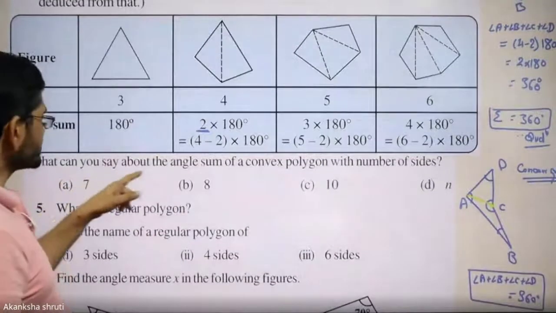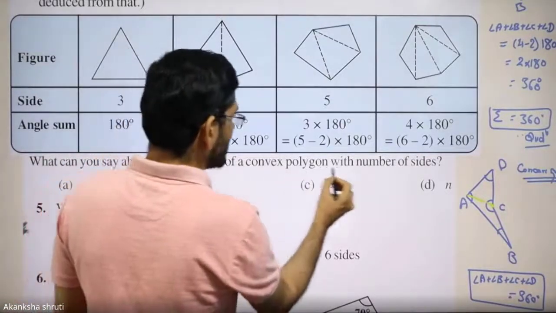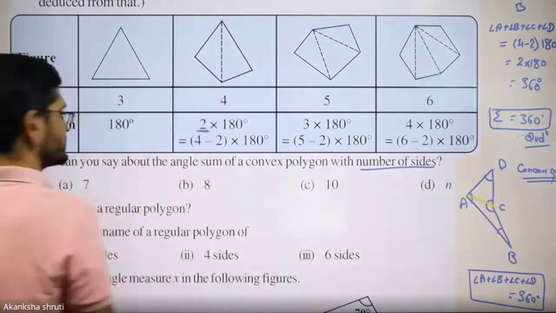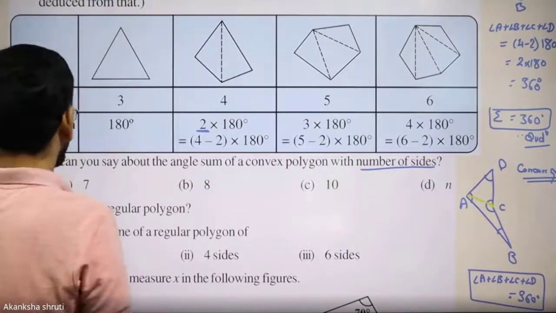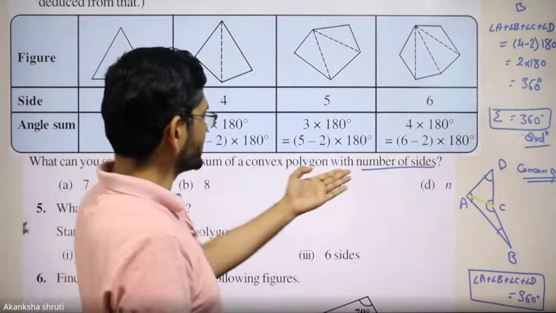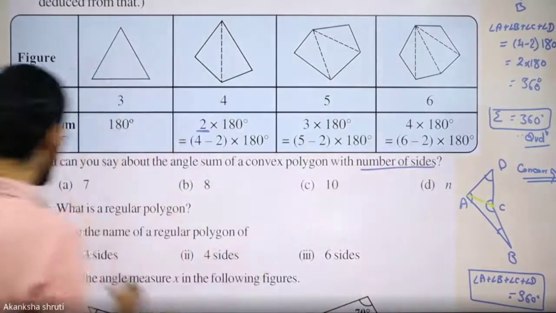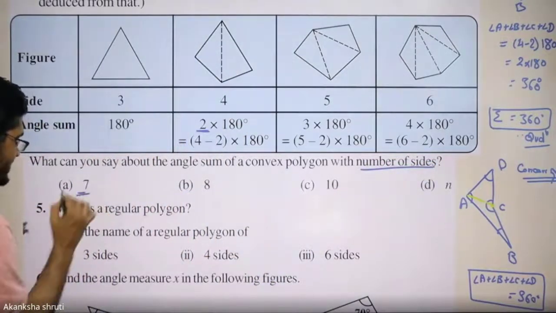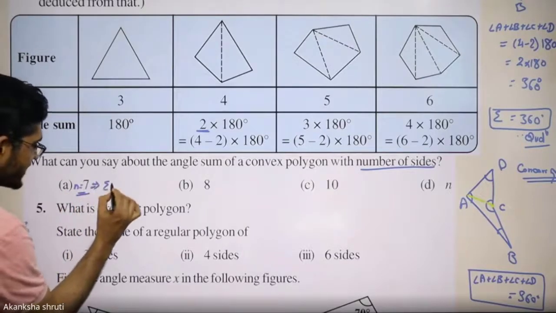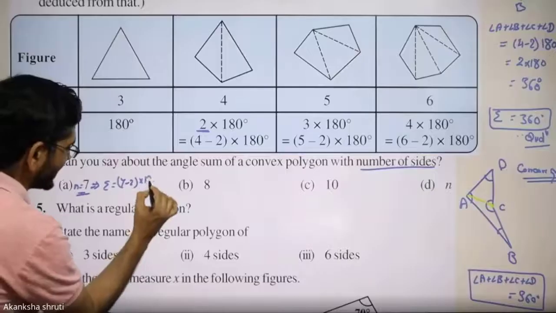What can you say about the angle sum of a convex polygon with a given number of sides? Means what? Students, if you are given 7 sides, this is the number of sides, then what is the sum of internal angles? 7 minus 2 into 180 degrees.